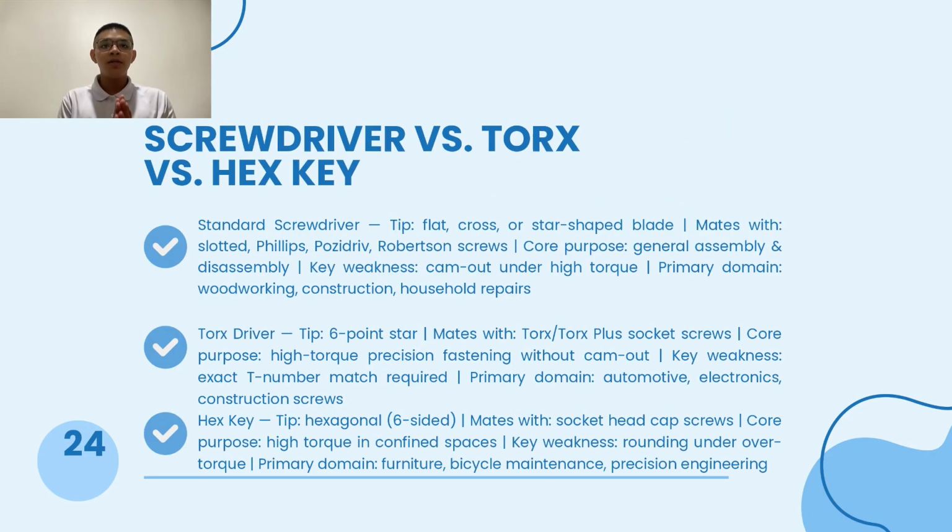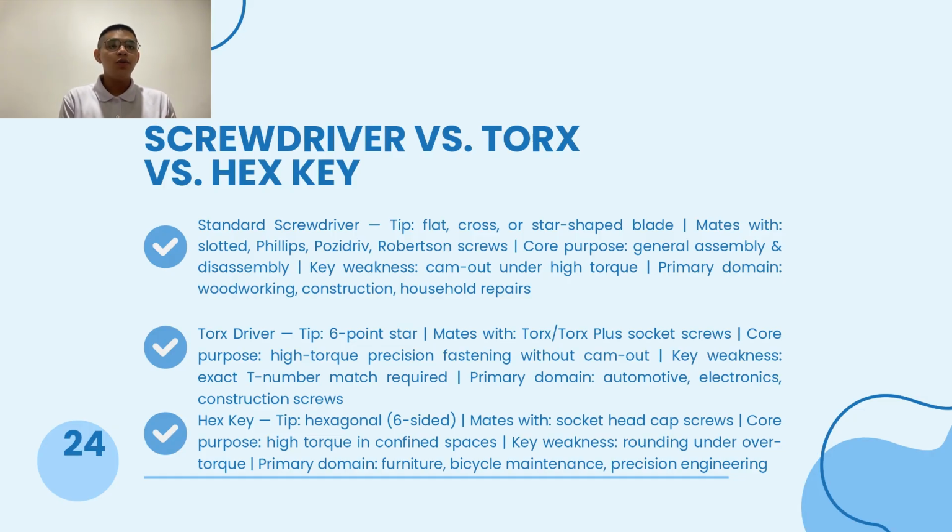To summarize our comparison, standard screwdrivers use a flat, cross, or star-shaped blade for general assembly and disassembly, but their key weakness is cam-out under high torque, making them best for woodworking or household repairs.